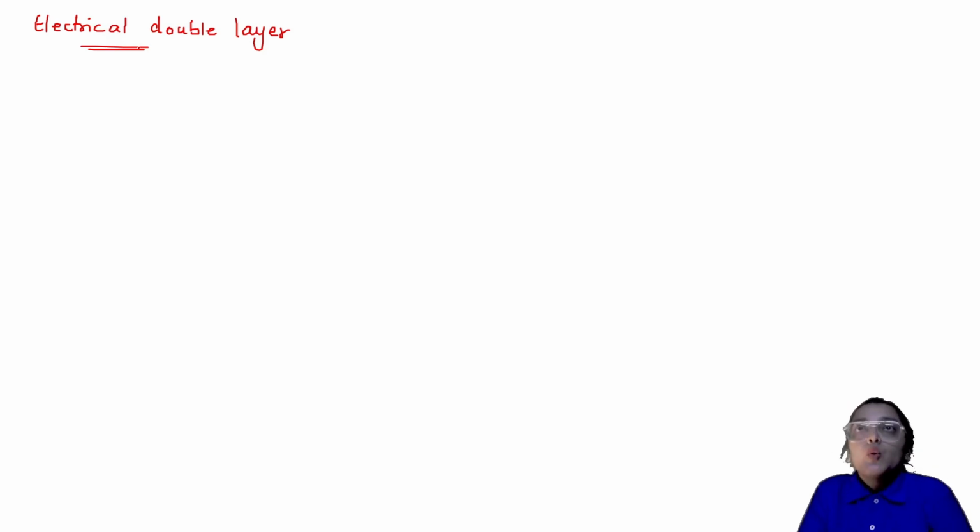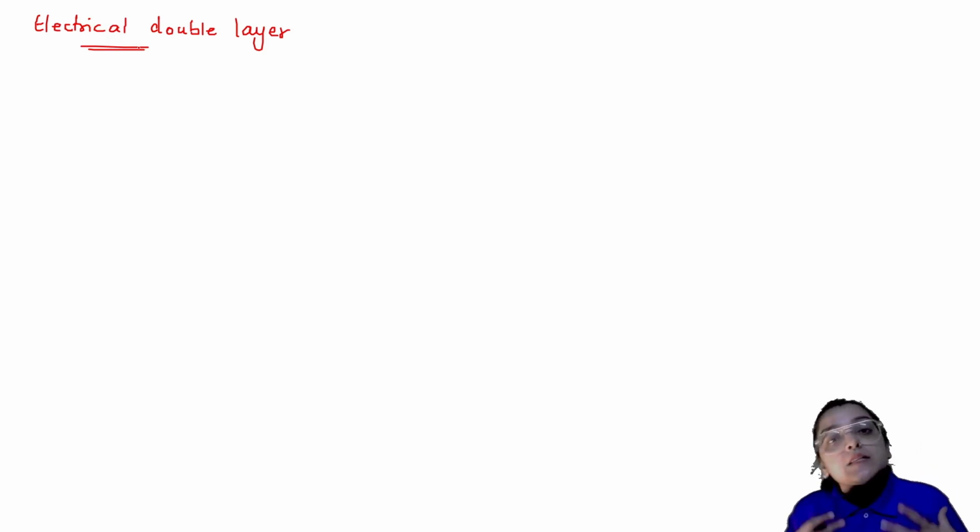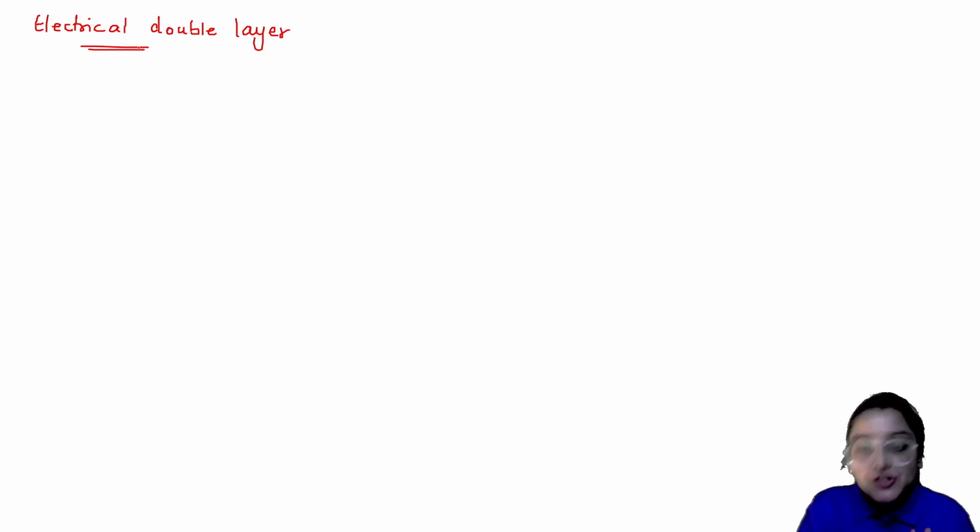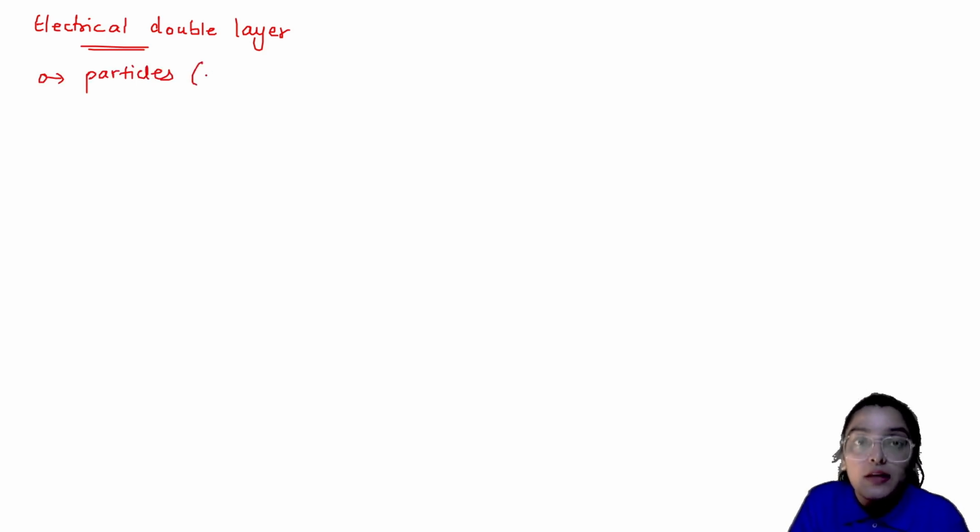We all know that the particles are dispersed into your dispersion medium, into your liquid medium. Now these particles sometimes become charged. So I'll just write down whatever I have said: the particles that are dispersed in your liquid medium get charged.